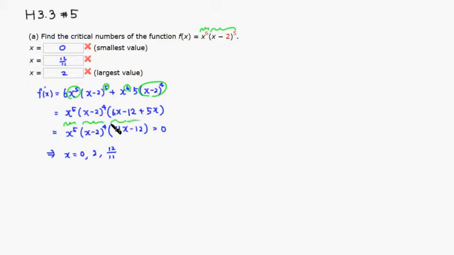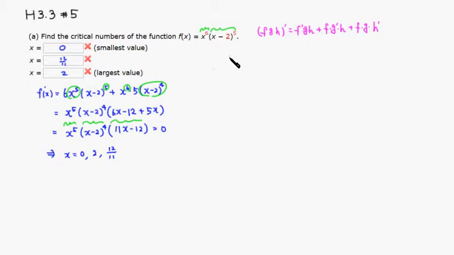Remember that if you have three things multiplied together, say f times g times h, then if you take the derivative, all you have to do is take the derivative of the first guy and multiply by the second and third, plus the first guy times the derivative of the second times the third, plus the first times second times derivative of the third. So that's basically the product rule twice.